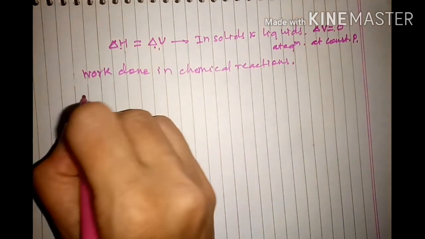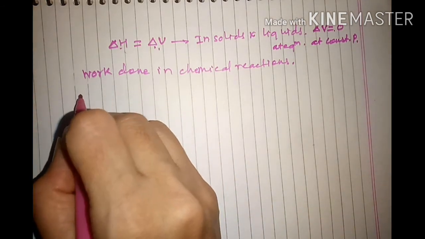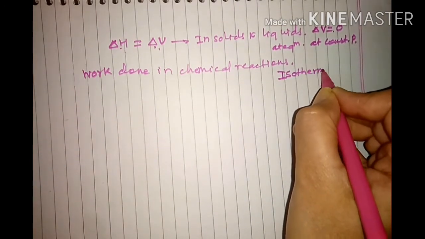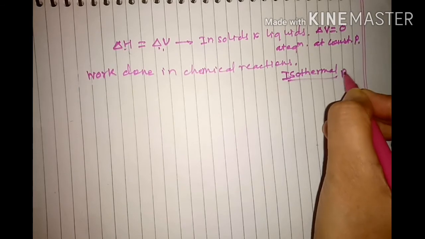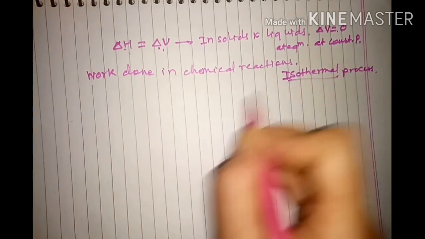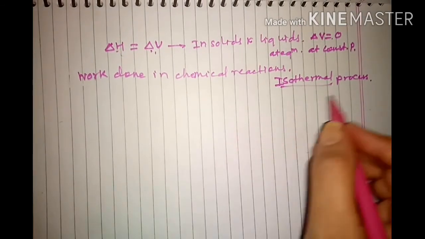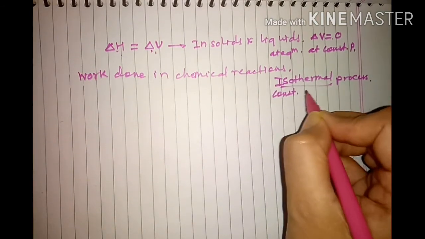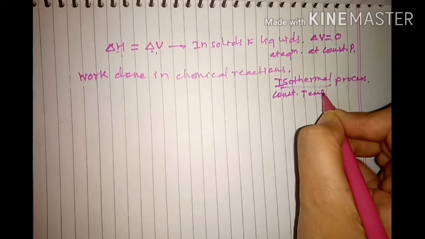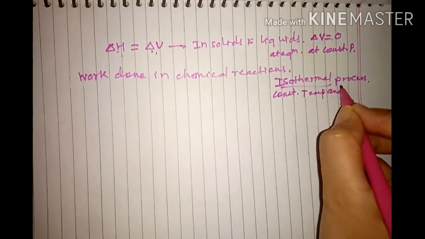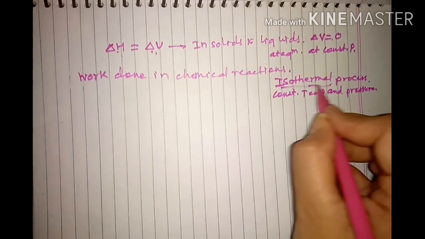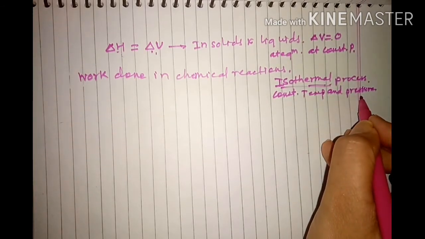For this, the condition is that the process is isothermal. For an isothermal process, how will you calculate the work done in a chemical reaction? Isothermal process means constant temperature and pressure. The condition is very important here. The temperature should be constant and the pressure should also be constant.